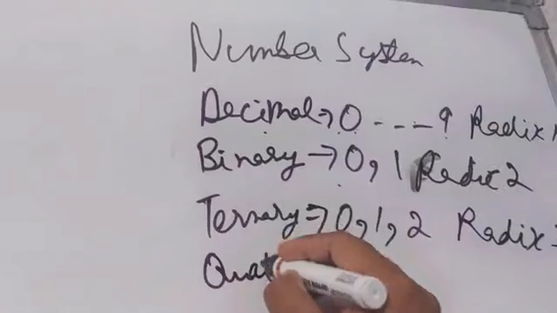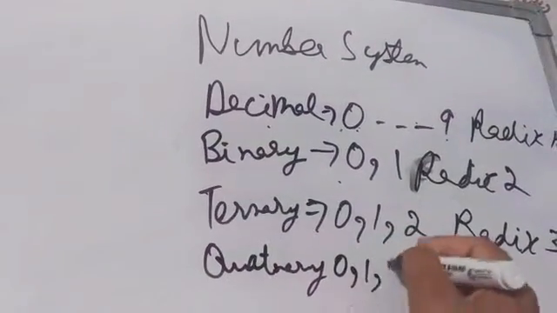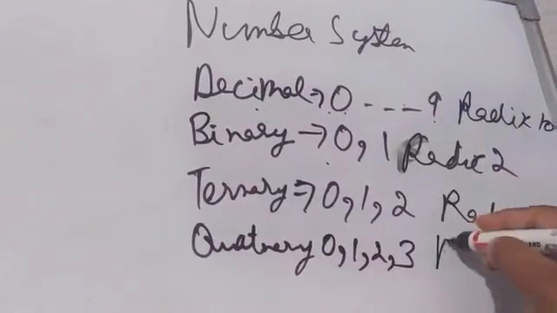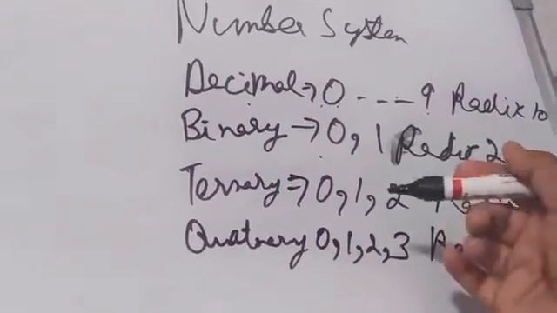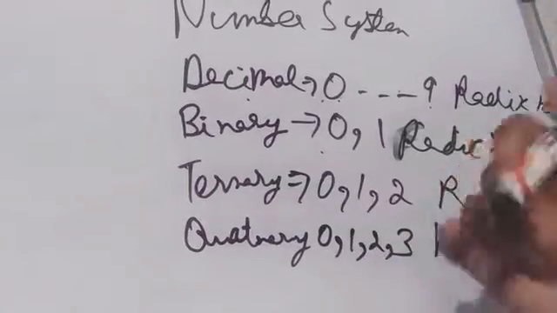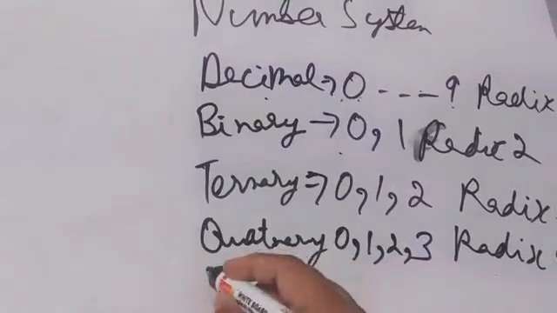Quaternary number systems are also there: 0, 1, 2, 3, so its radix is 4. Some special purpose systems can include these sorts of number systems, right?